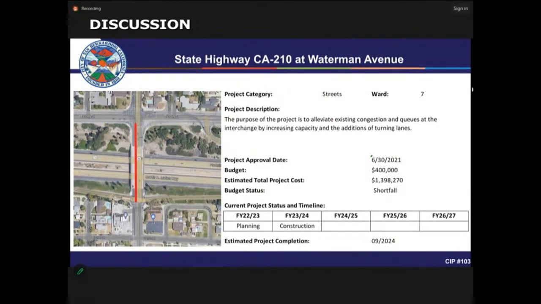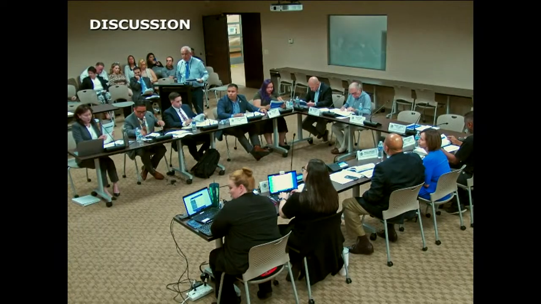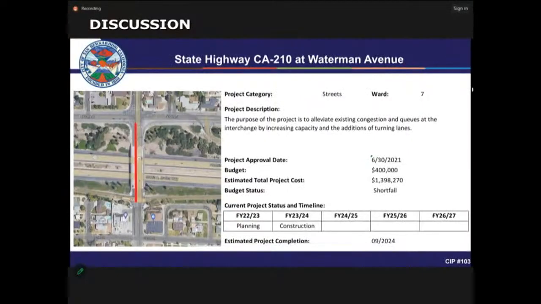The next project is the 210 Waterman Avenue improvements. Basically, this project is about adding capacity to the segment between the eastbound off-ramp to 30th, to provide access to Lake Arrowhead, the community on the north side of 30th, and Big Bear.